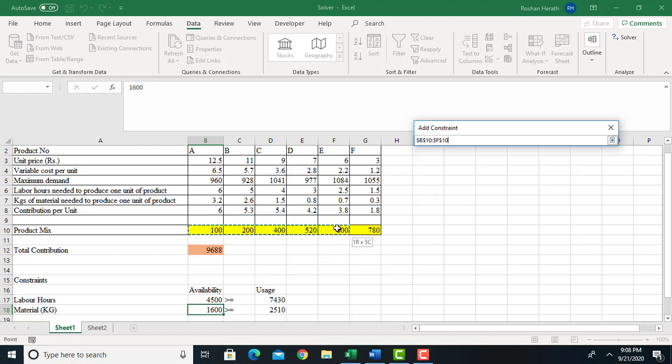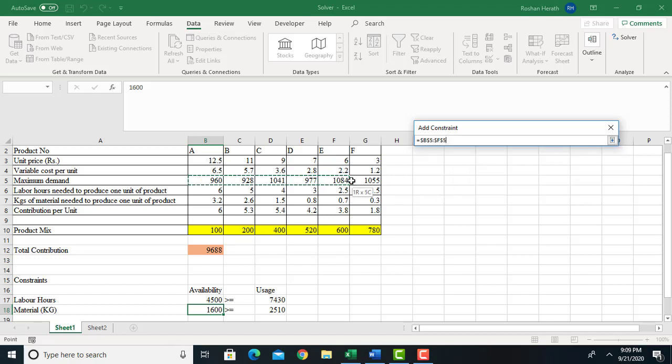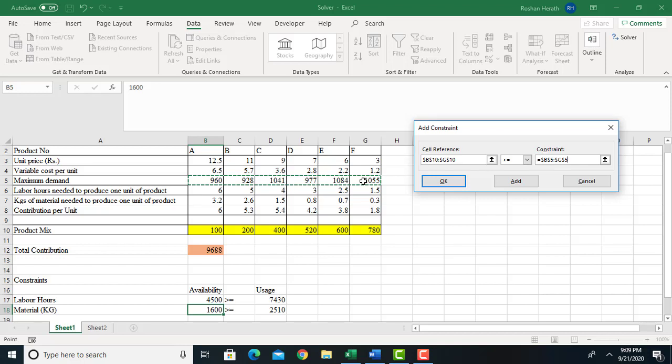The entire range can be selected and it should be less than or equal to what? To this corresponding cell range. That is maximum demand. It must be less than or equal to this maximum demand. That is our third constraint. So we have identified 3 constraints. I might click add.